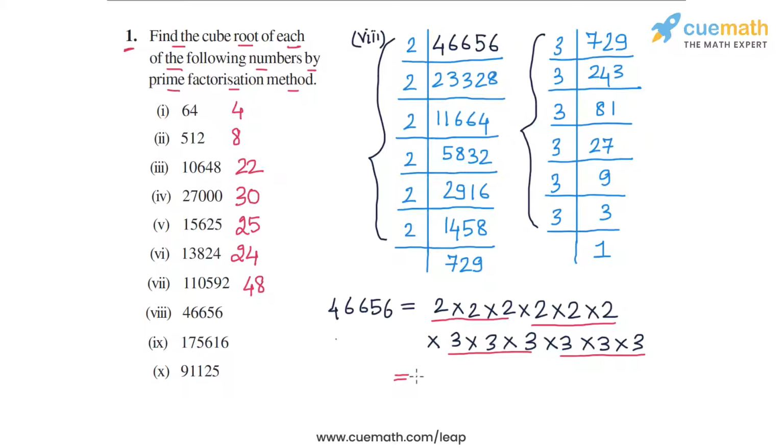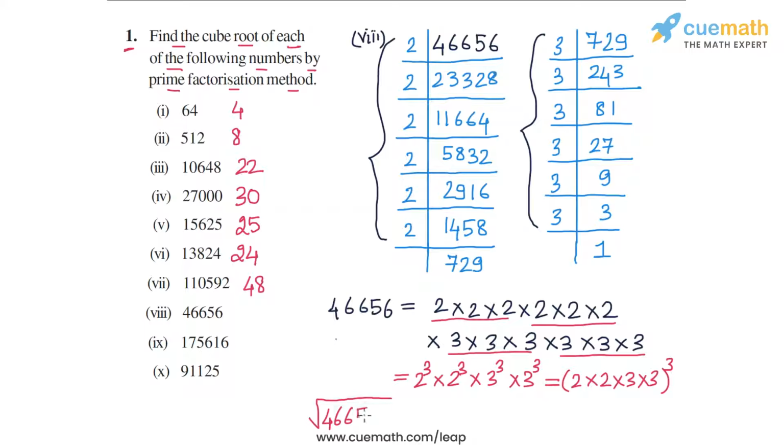So we can write this as 2 cube into 2 cube into 3 cube into 3 cube, and therefore we can write this as 2 into 2 into 3 into 3 whole cube. So this is how we can write this number, and therefore now the cube root is easy to write.